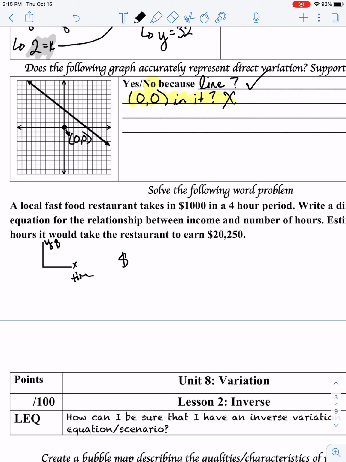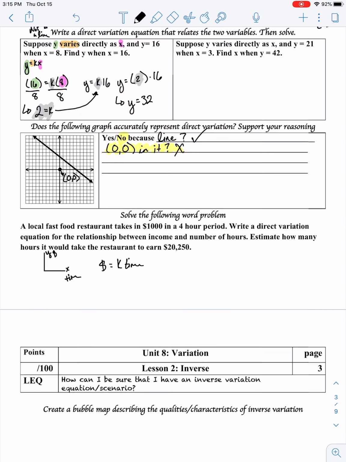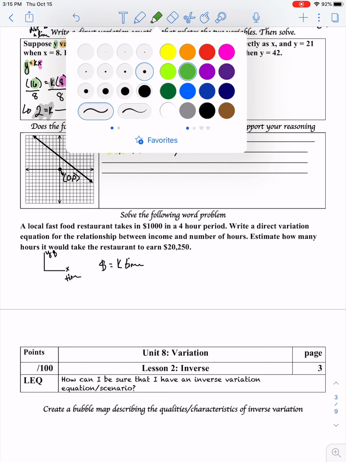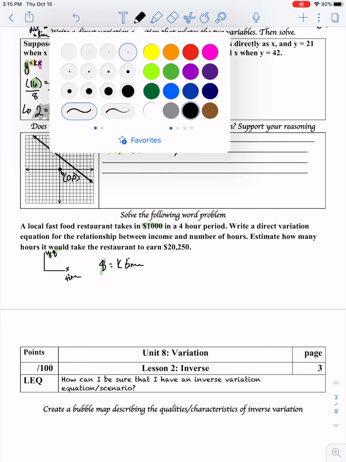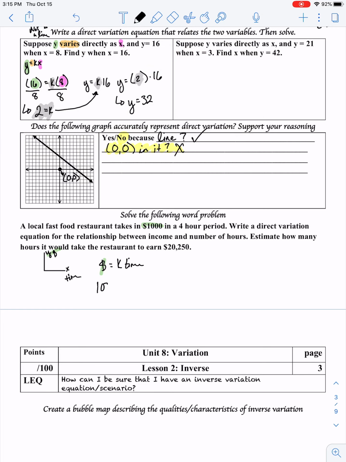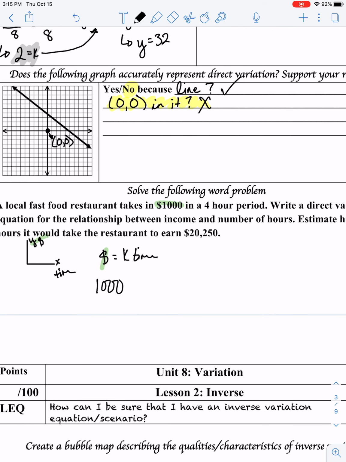So money is equal to constant times time. The first amount of money I'm given is $1,000. So 1,000 is equal to K times 4 hours.